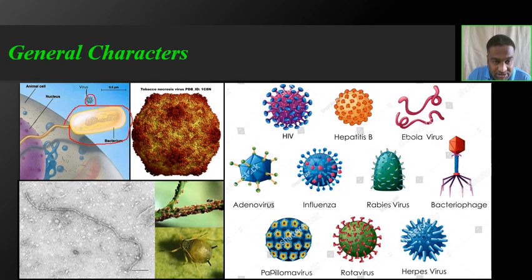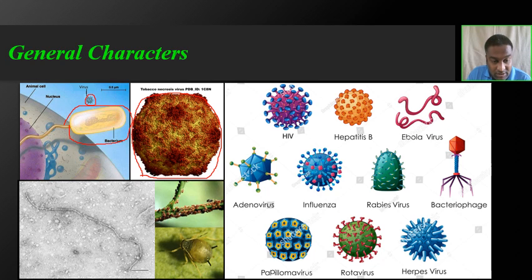The first example is tobacco necrosis virus, which is slightly smaller than the ribosome of the higher cell organisms. Ribosome is the cell organelle which takes part in the protein synthesis of the higher organisms' cell, and the tobacco necrosis virus has a size slightly smaller than the ribosomes.